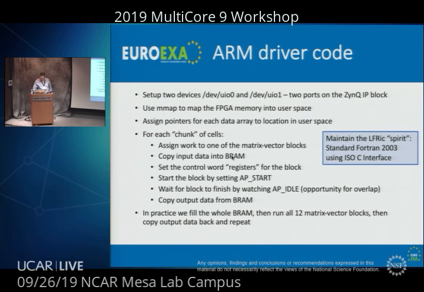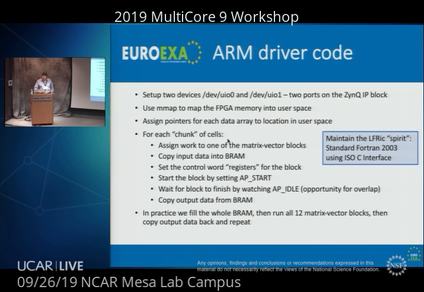And there's some mucking about here with addresses. The BRAMs that I mentioned are mapped into user space on the ARM, and you write and read data to and from the BRAM on the FPGA by writing and reading from those memory locations.